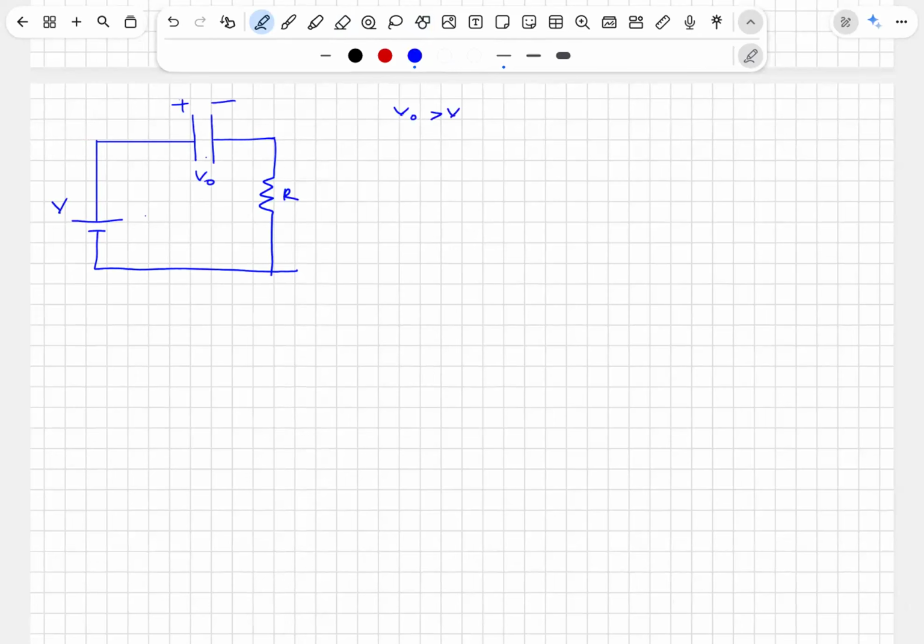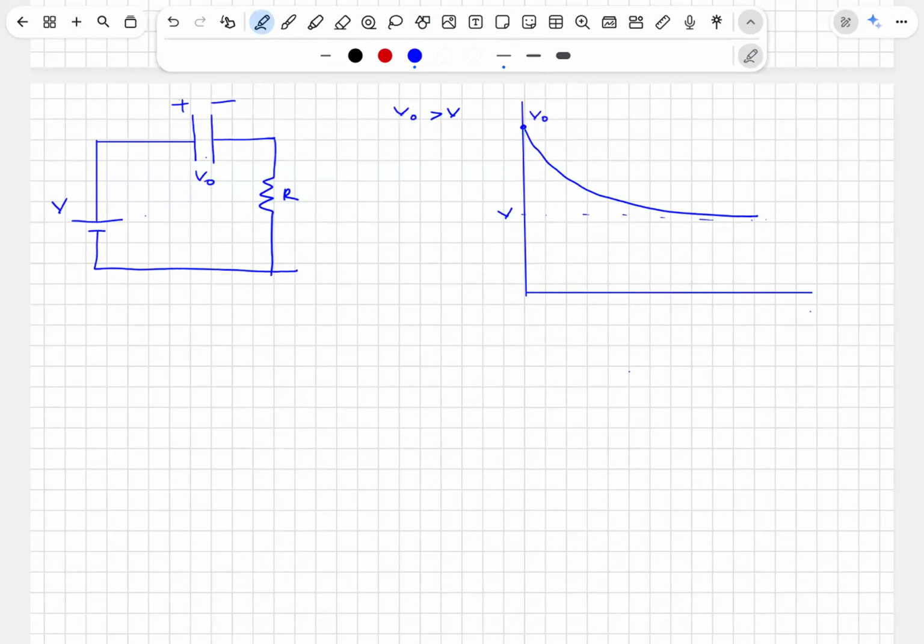The discharge. Once the charge across the plates becomes such that the drop is V, the battery is also V. Net flow in that loop is zero.